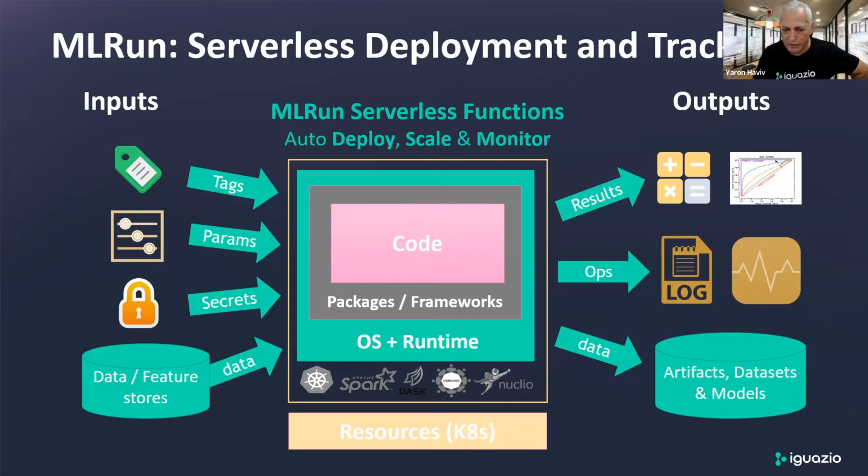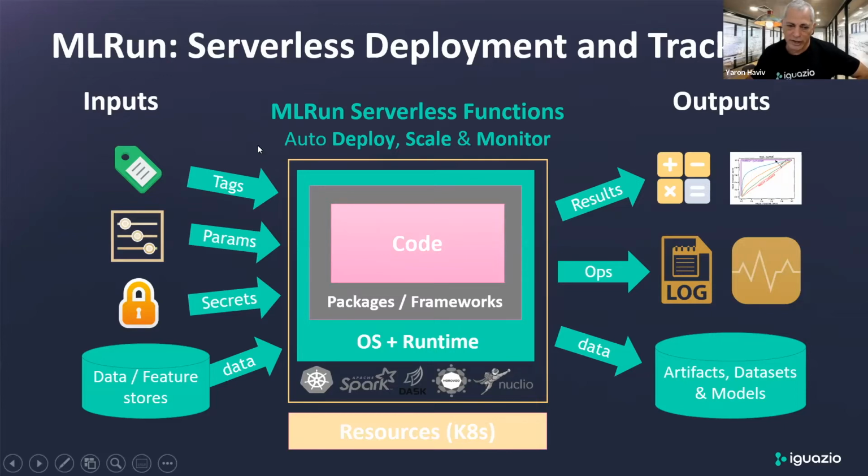Also there's an underlying set of resources that are controlled by this serverless engine: how many CPUs and GPUs, etc., we need to allocate to our job, and monitoring or controlling that. In those serverless functions, a cool thing is that they're running in a sandbox, where everything that goes in and everything that goes out is recorded.